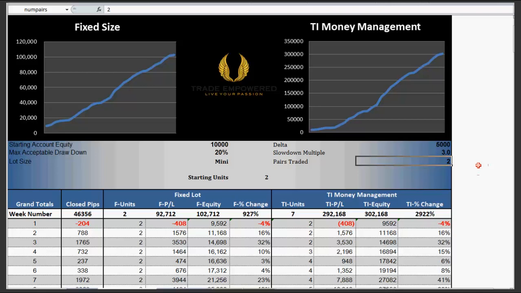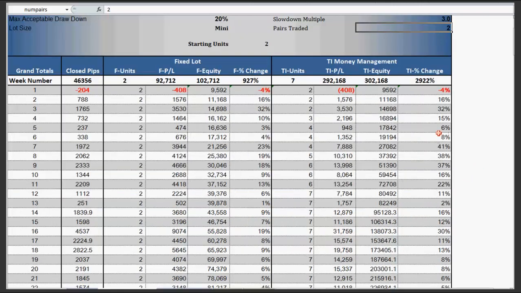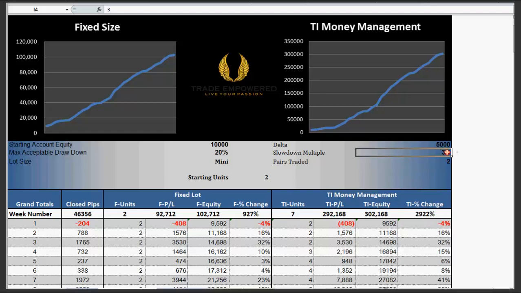Now all of a sudden you were up 30%, and you've lost half of your profit. You go from being up 30% to up 15% in a couple of trades because you're increasing your position size so rapidly. One of the ways we avoid that is by adding in the smoothing factor, the slowdown multiple, and that slows down the rate at which we increase our position size. Make sense? Any questions on that?